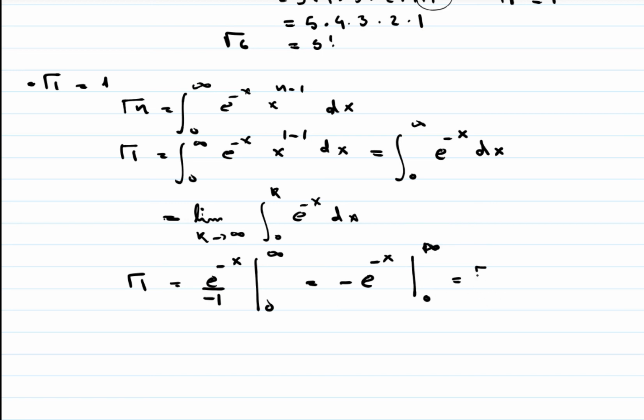So now first we have to replace x by the limits, and this minus can come outside. We're going to have e raised to minus infinity minus e raised to 0. Now e raised to minus infinity is 0.